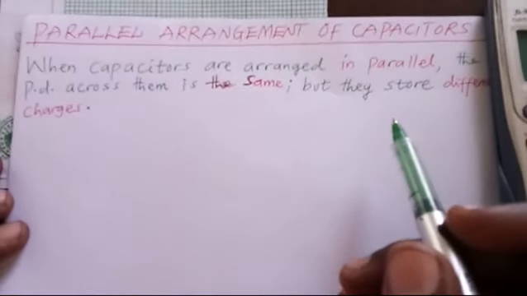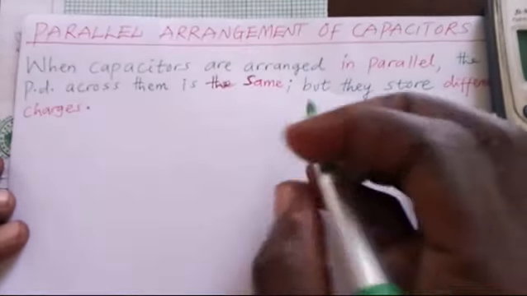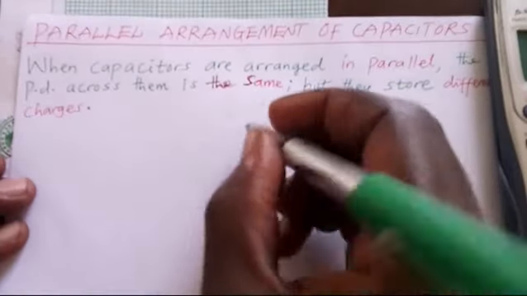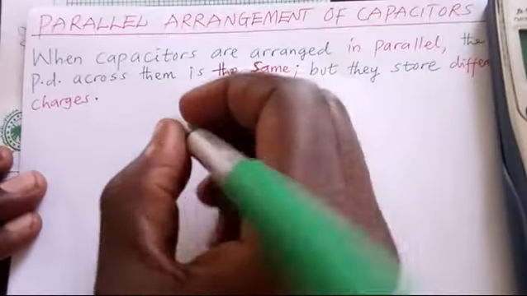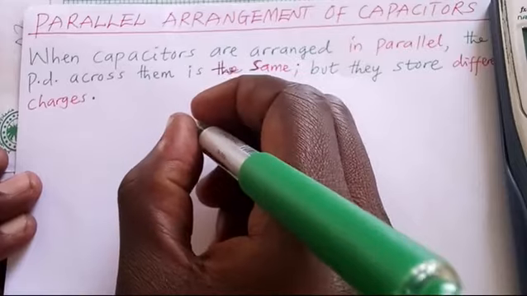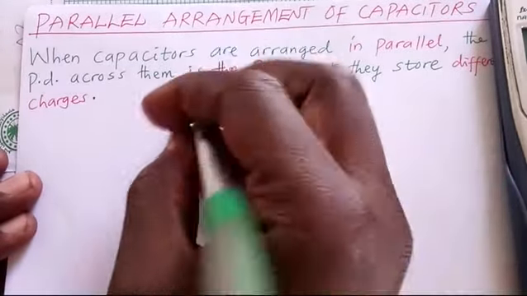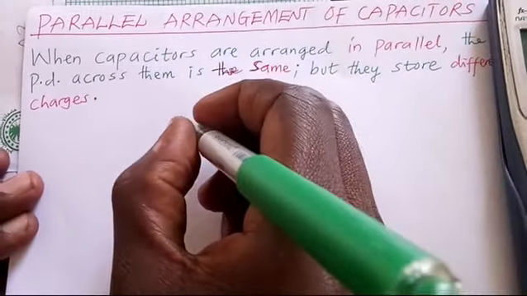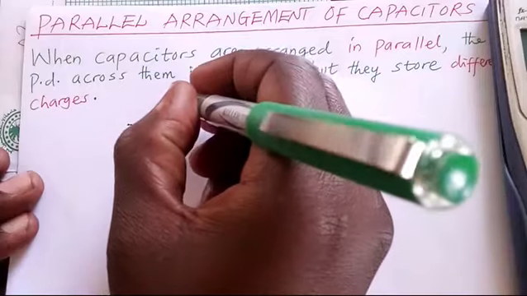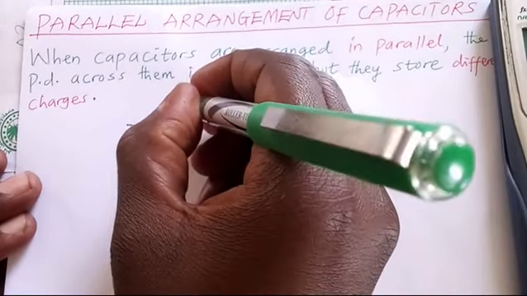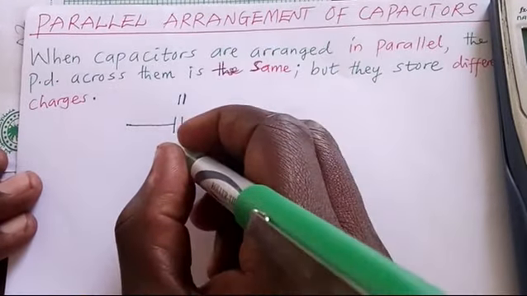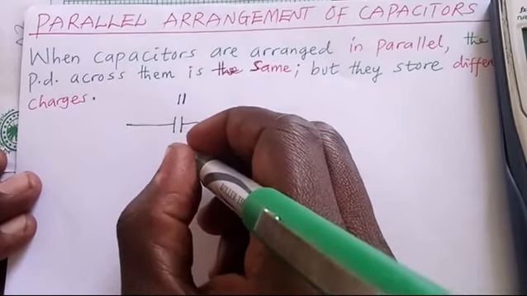I'm going to use three capacitors as usual. Let's say I have a capacitor, this is a capacitor, this is a capacitor. Then I have a connecting wire here, and I have another capacitor here, and another capacitor here.